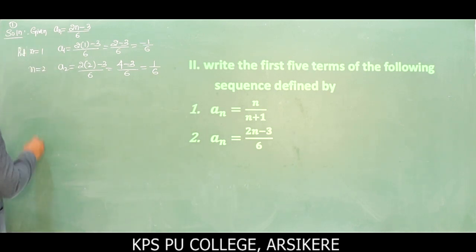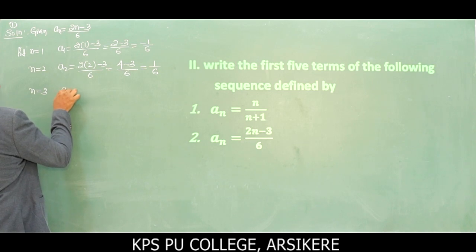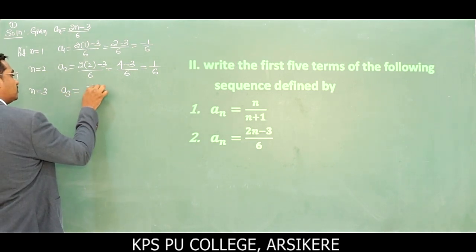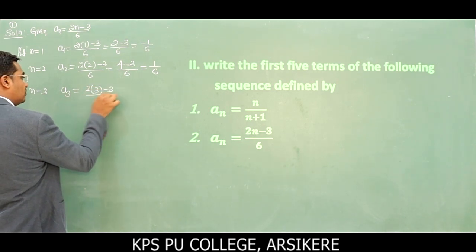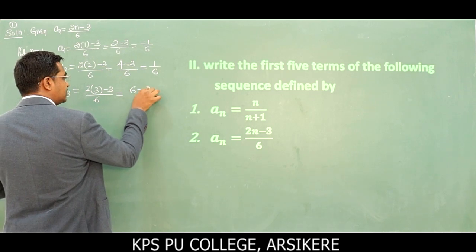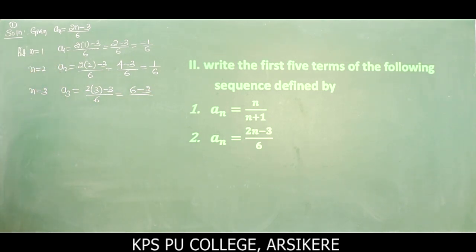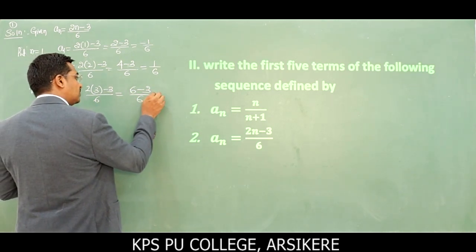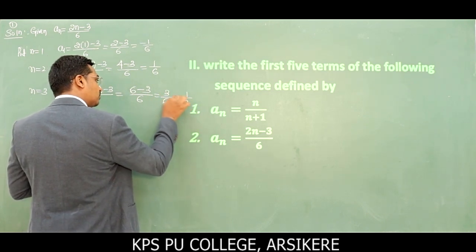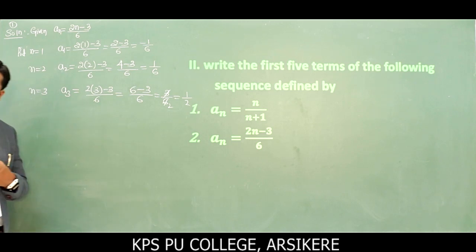Similarly, for the third term, substitute n is equal to 3. a3 is equal to 2 into 3 minus 3 divided by 6. We obtain 6 minus 3 divided by 6, which is 3 divided by 6, left with 1 by 2. 3 ones are 3, 3 twos are 6, so they get cancelled.